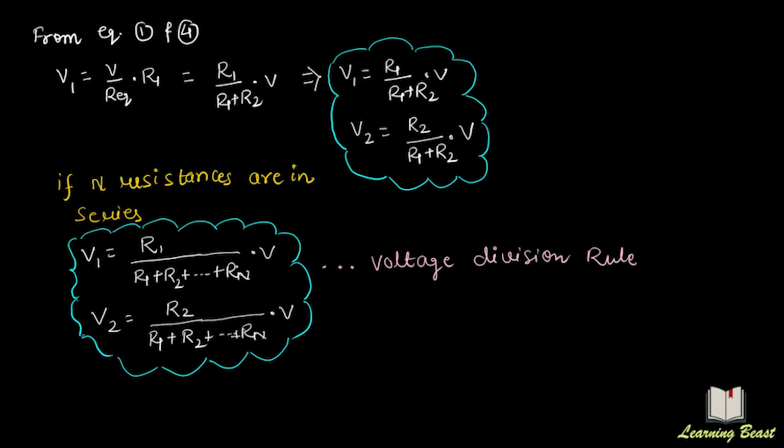So we can also say that the voltage across any resistor is directly proportional to the value of that resistor. Higher the value of resistor, the higher the amount of voltage across that resistor.